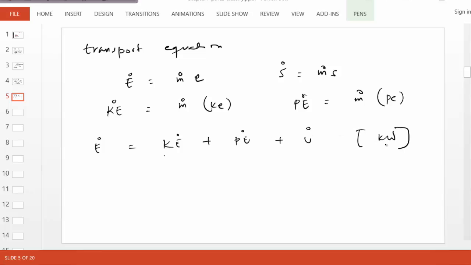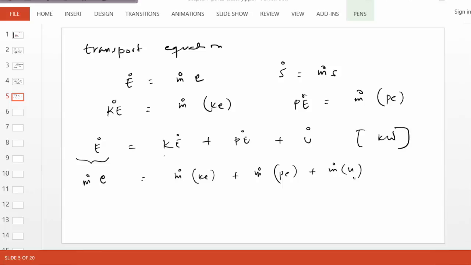Unit is kilowatt. And how do you find them? If you know the corresponding specific properties, it becomes very simple. So m dot times E, this is what it means. M dot times Ke, m dot times Pe, m dot times U.